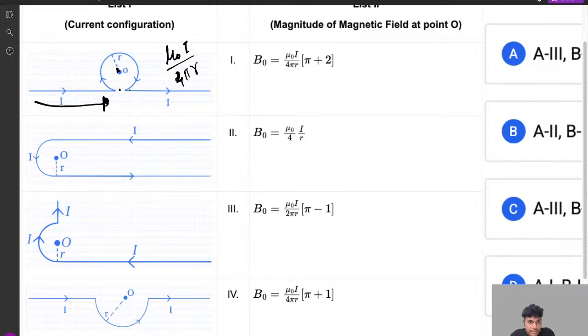And due to this other semi-infinite wire it is the same, so we just multiply this by 2. And what is the magnetic field due to the circular wire? That is mu naught I upon 2r.